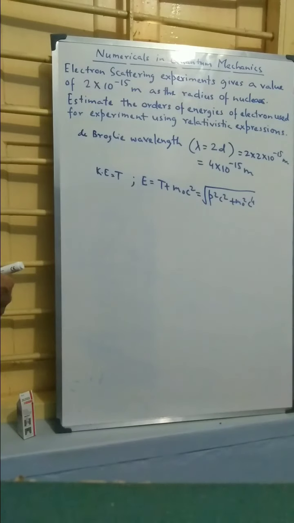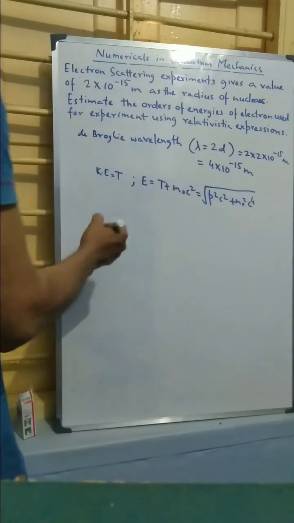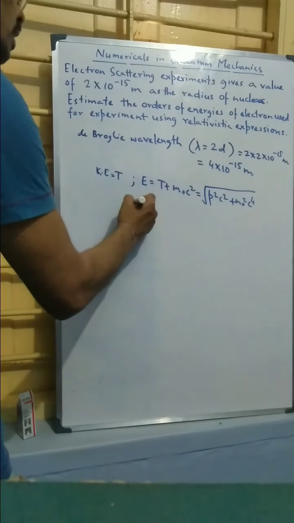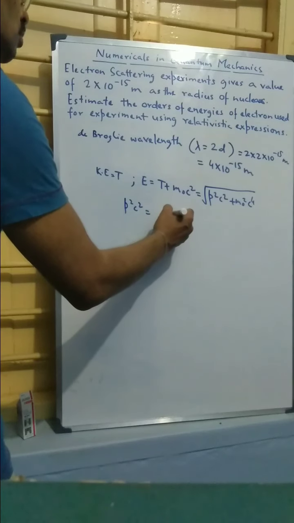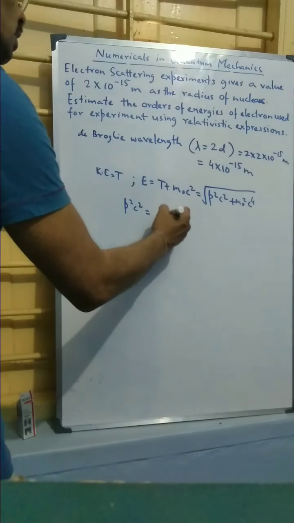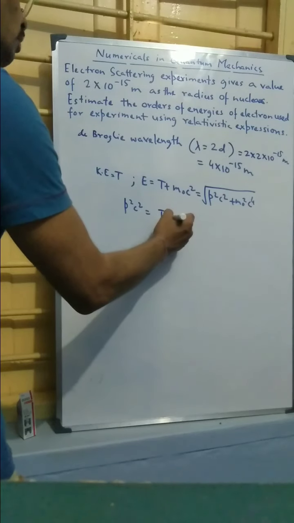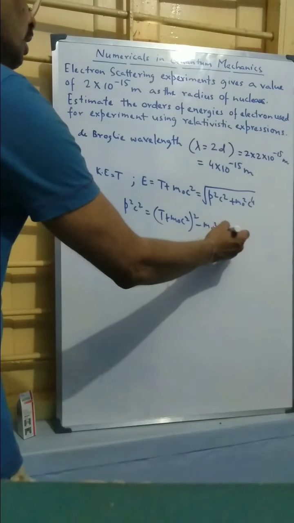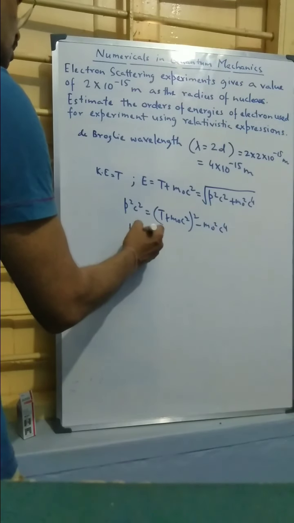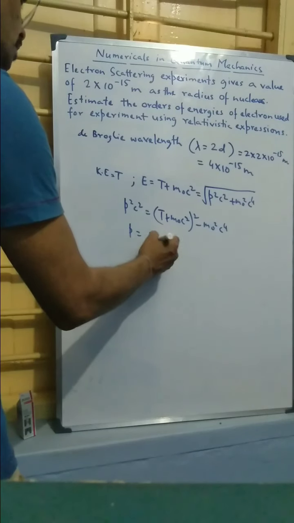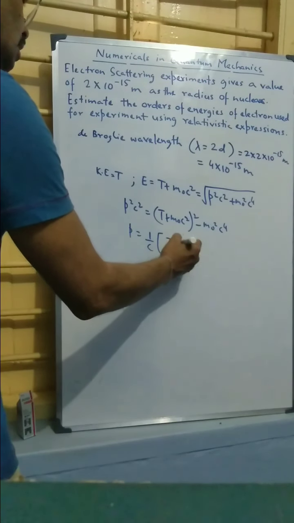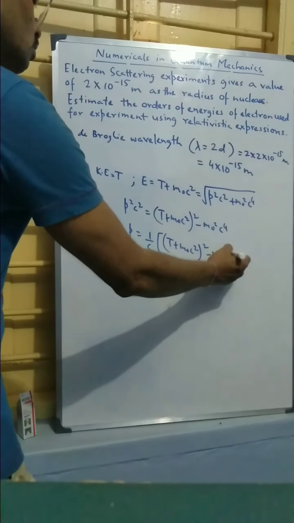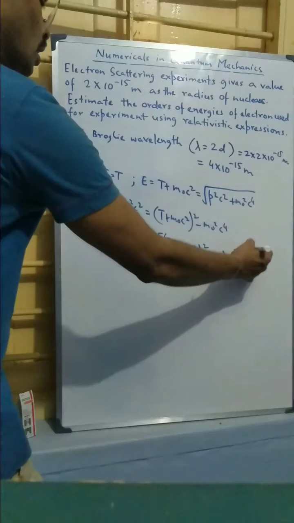So from here we can write p square c square is equal to T plus m naught c square, whole squared, minus m naught square c to the fourth, and p is equal to 1 by c times T plus m naught c square whole squared minus m naught square c to the fourth, whole to the power half.